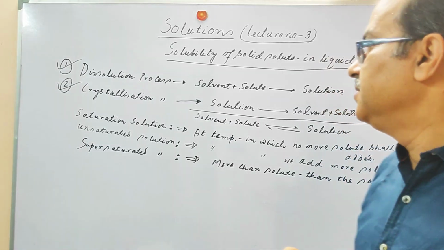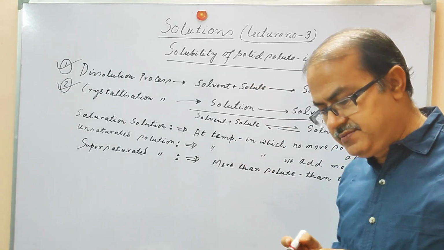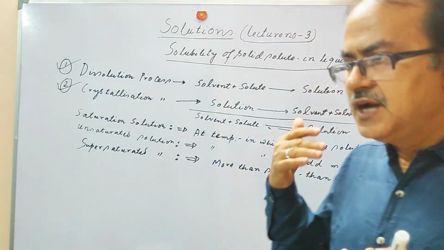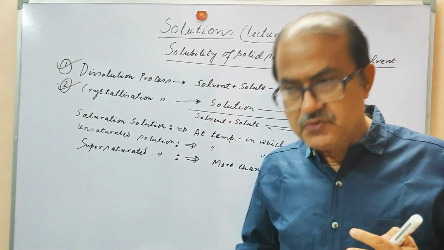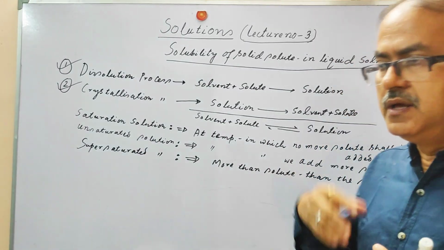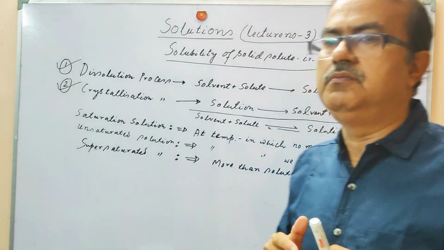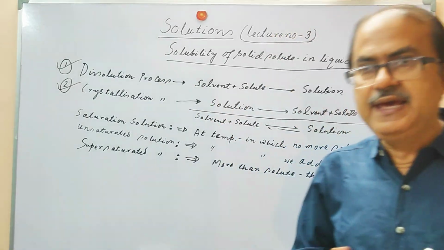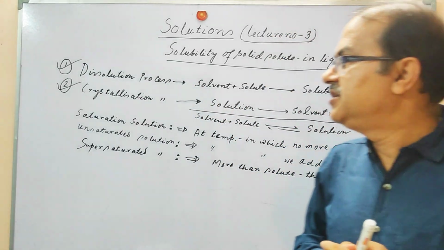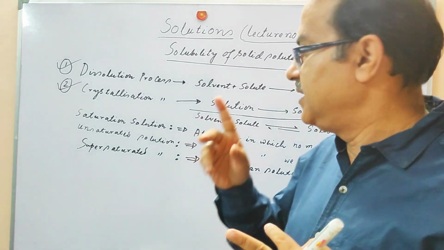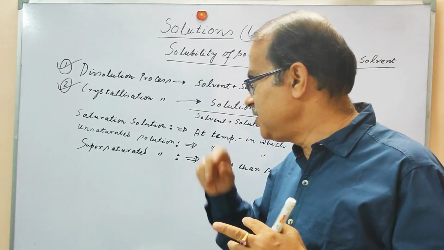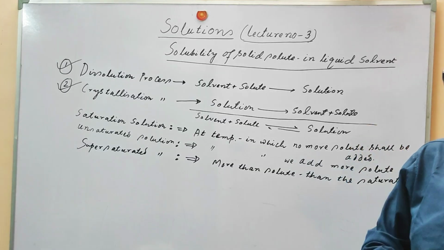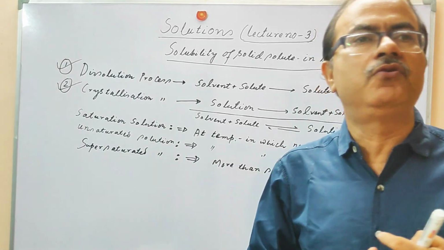So we understand solubility, and how a sugar or a solute has been dissolved in a solution. There are two processes that we observe: the dissolution process and the crystallization process, and the equilibrium, which is called a dynamic equilibrium.